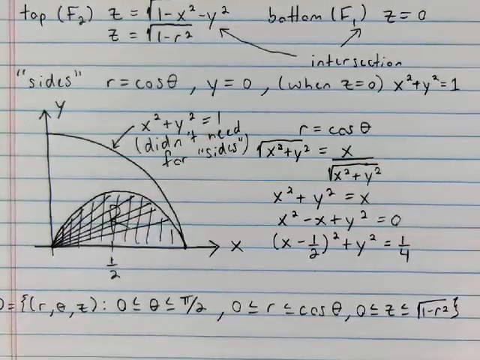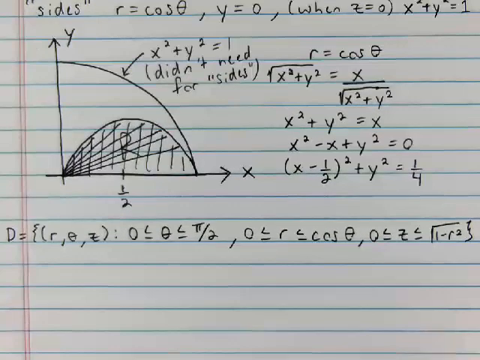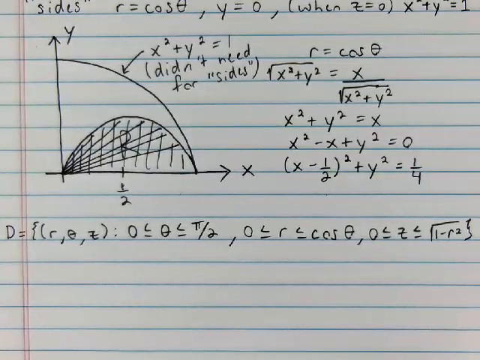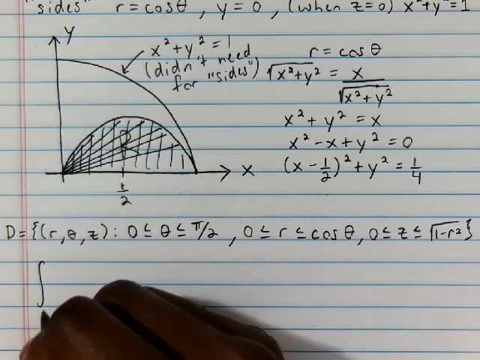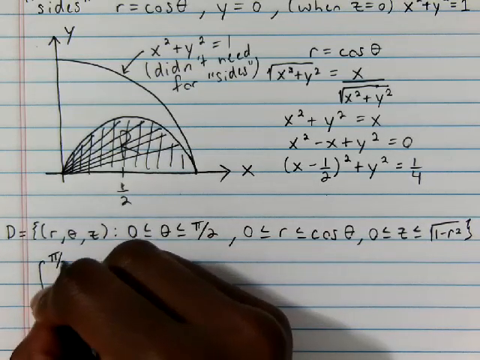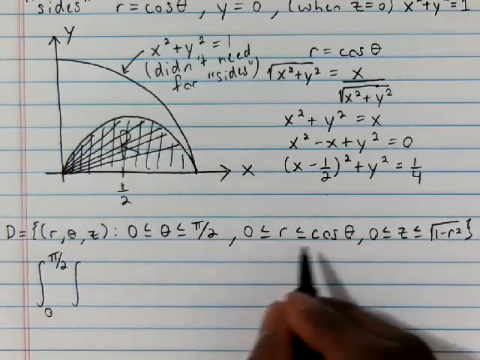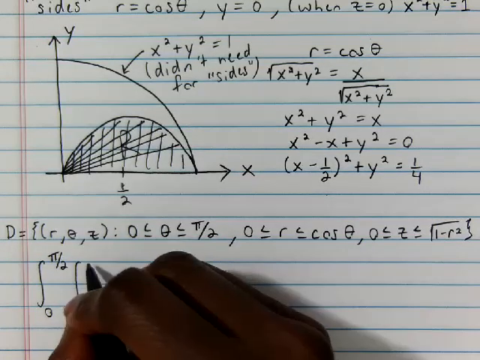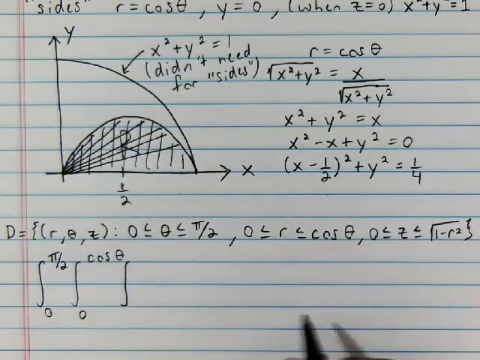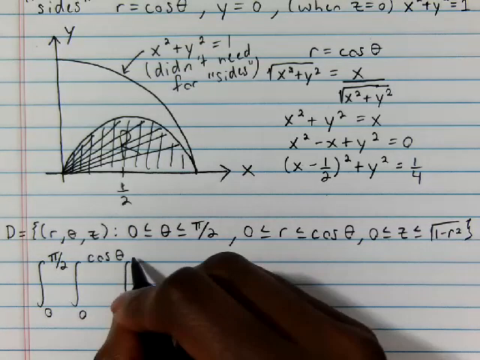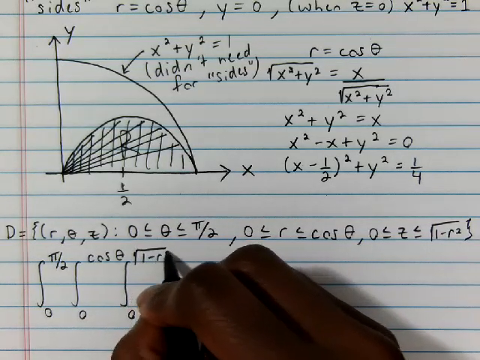All right, so now we're ready to set up our iterated integral. It is the triple integral over D of yz is what we were doing. So we're going from 0 to pi over 2, and then from 0 to cosine of theta, and from 0 up to the square root of 1 minus r squared.